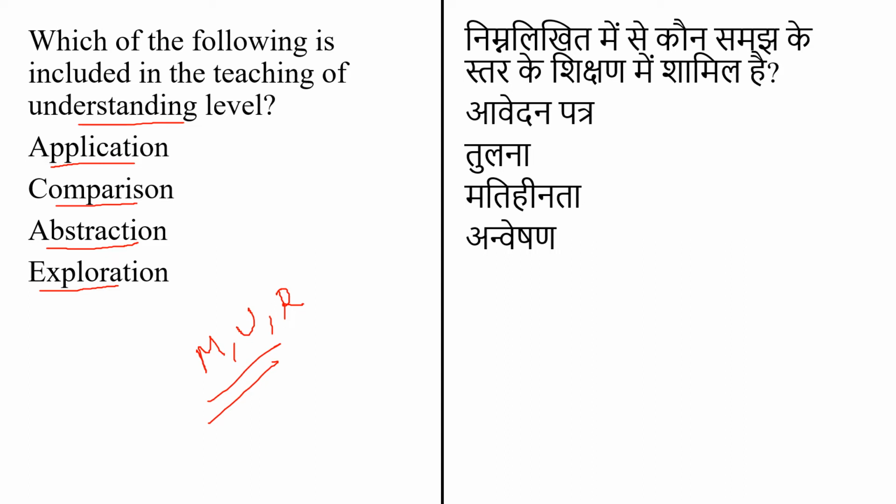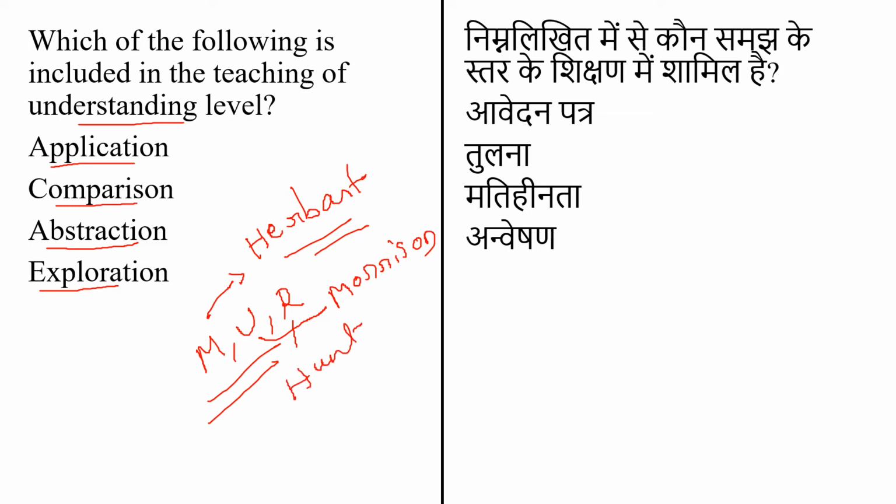So the first one, that is memory level, is given by Herbart. Understanding level is given by Morrison, and this reflective level is given by Hunt, which I already told you, right?